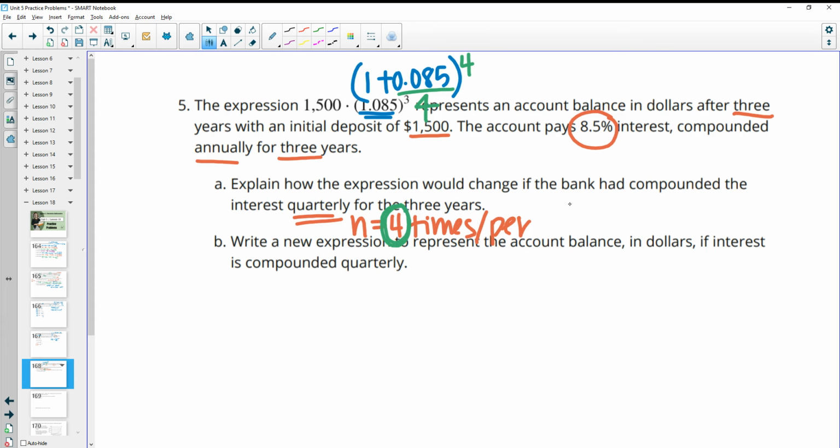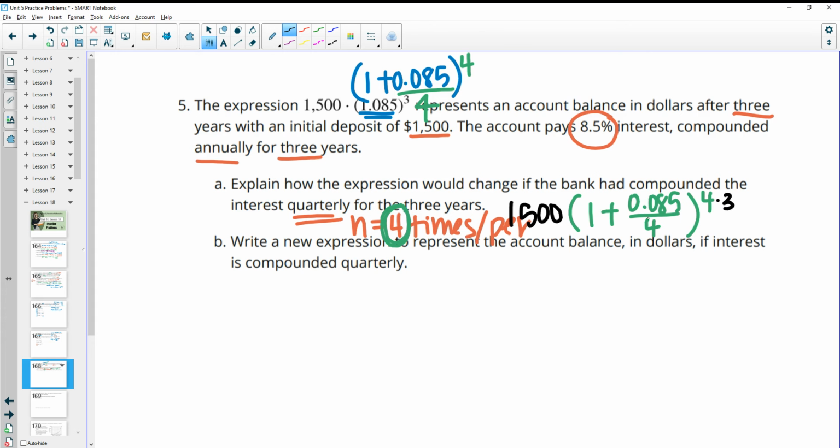So this would change that inner part to 1 plus 0.085 divided by 4 and then to the 4th power. The 1,500 would stay the same, right? So we'd still have the 1,500 here because the initial deposit didn't change, just the way they're calculating that interest there.